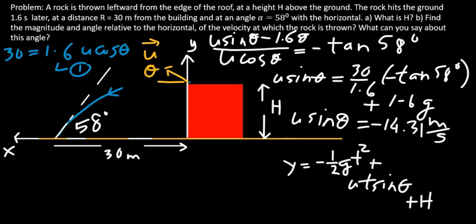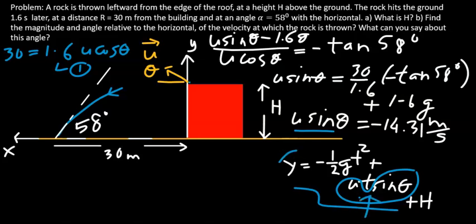Now we are ready to find h from this equation. We know what u sine theta is. You can substitute in this equation. When t is 1.6 seconds, y is 0 because the object is here.